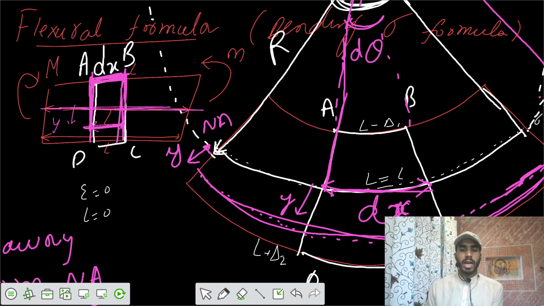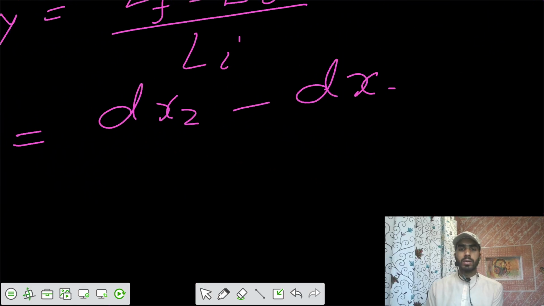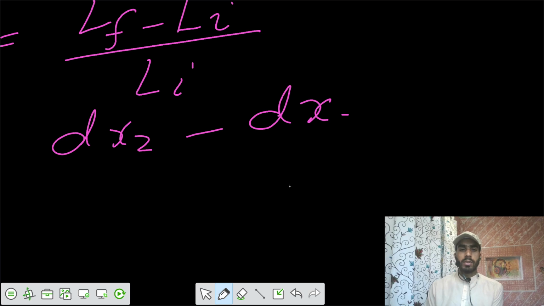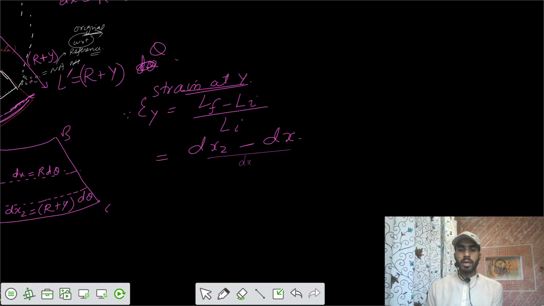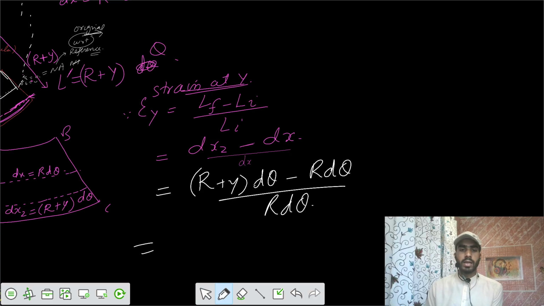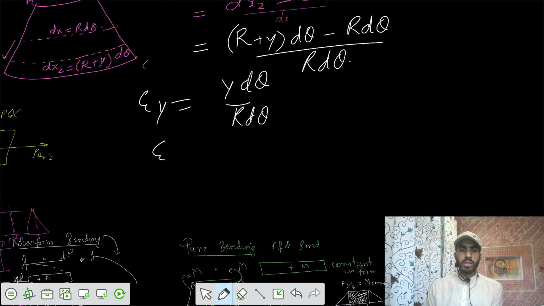So dx2 minus dx by dx. Substituting, dx2 equals (r plus y) d theta, minus initially dx equals r d theta, divided by r d theta. So you get y d theta by r d theta. So your strain at y equals y d theta by r d theta, and you can say strain equals y by r.